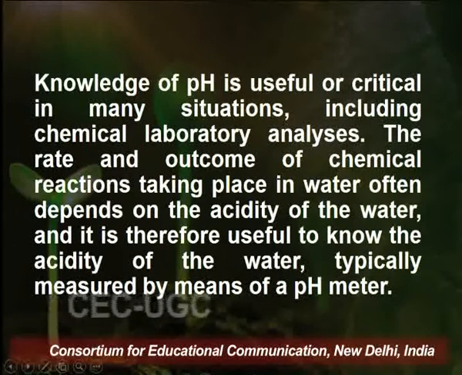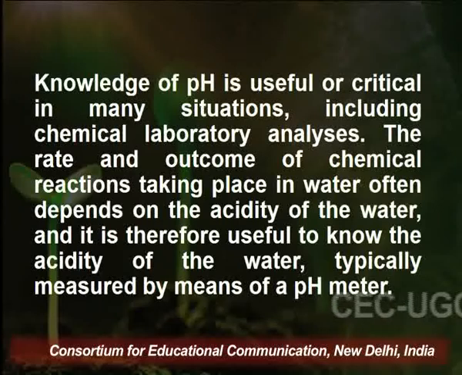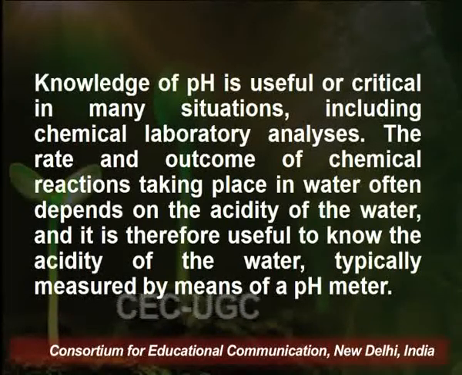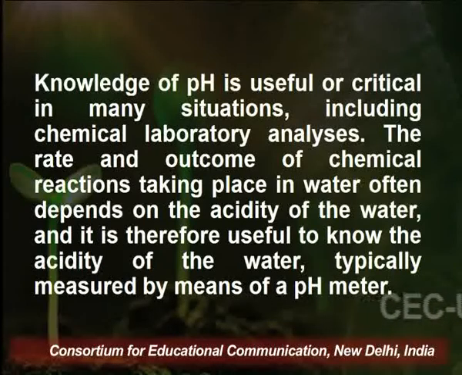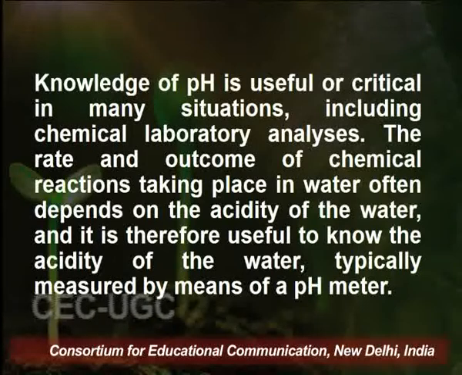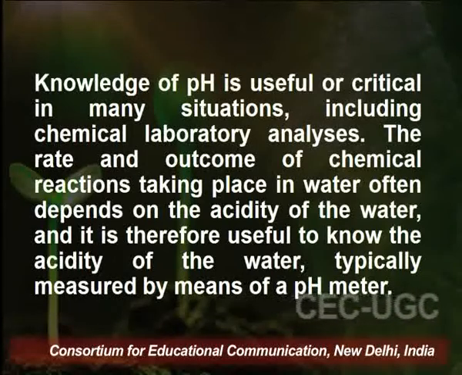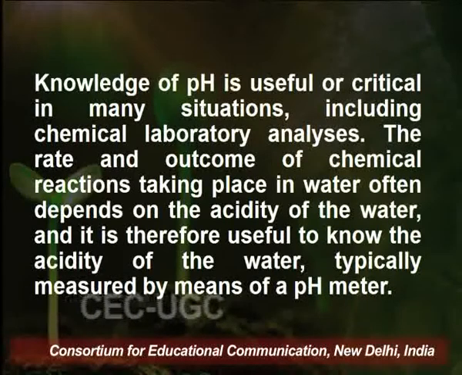The knowledge of pH is useful or critical in many situations, such as chemical laboratory analysis. The rate and outcome of chemical reactions taking place in water are often dependent upon the acidity of the water, and it is therefore useful to know the acidity or alkalinity of the water, and it is typically measured by means of a pH meter.